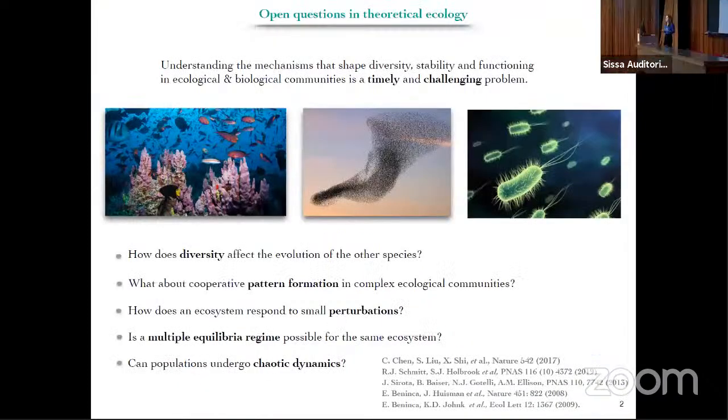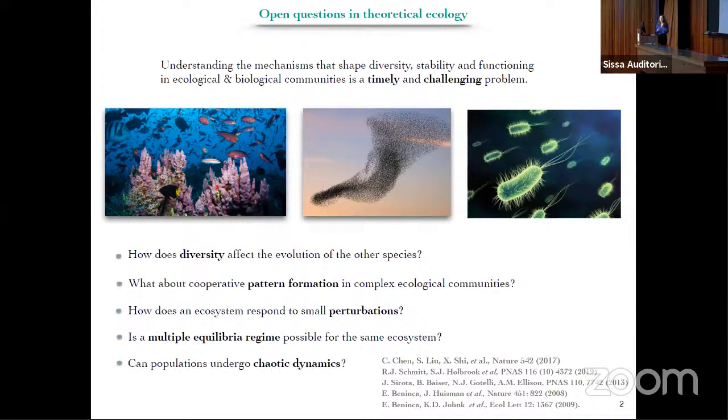The field of theoretical ecology has gathered momentum in recent years, on one hand enriched by an explosion of experimental results and increasingly sophisticated techniques, and on the other hand fostered by crucial questions that still need an answer. How does diversity affect the evolution of the other species?